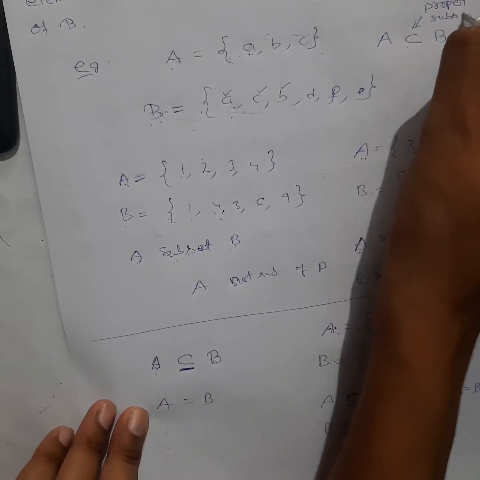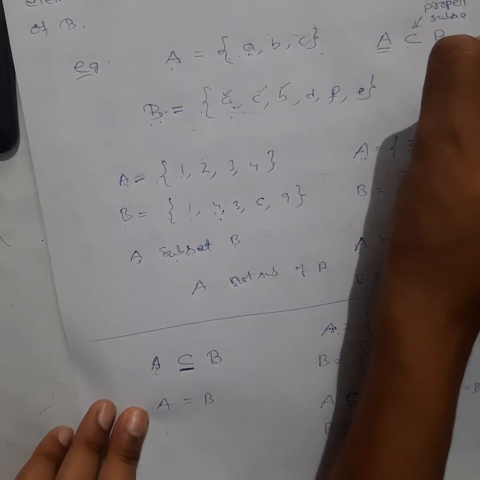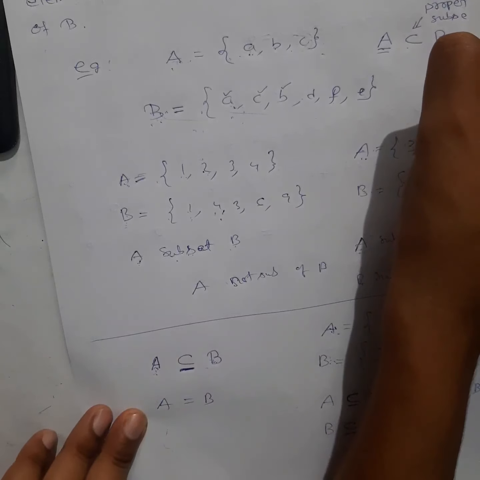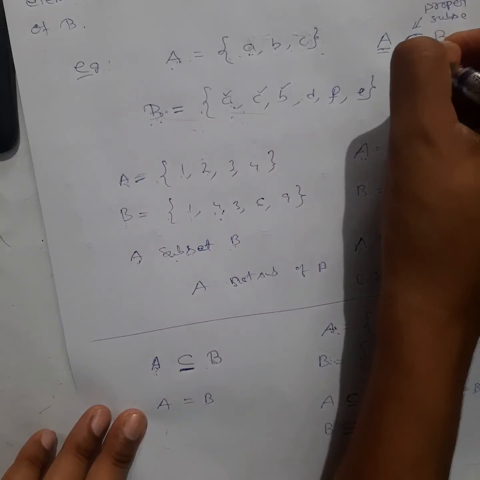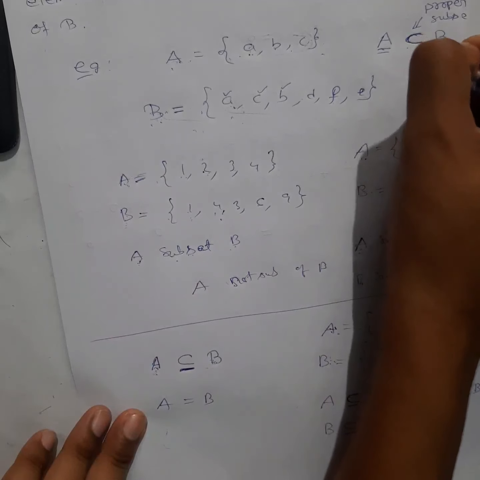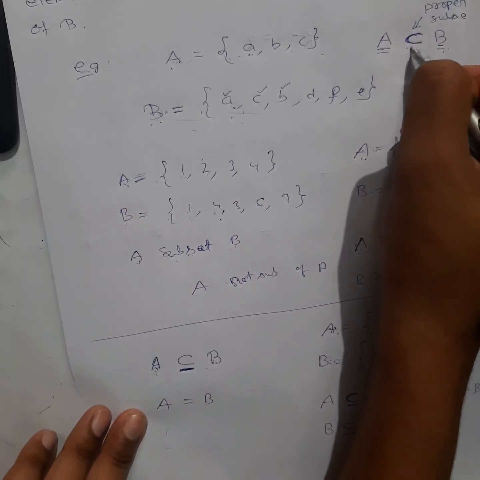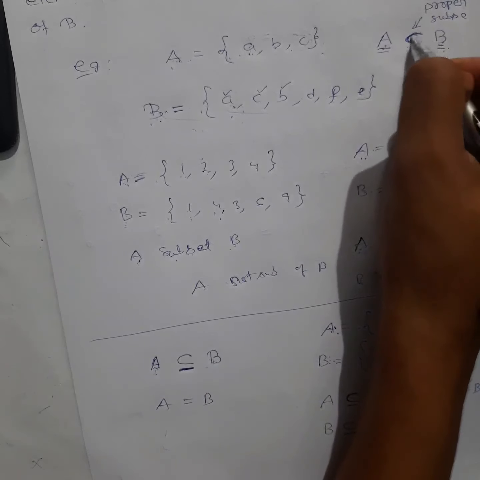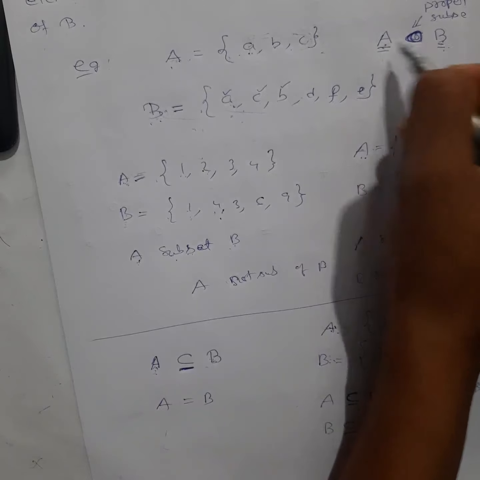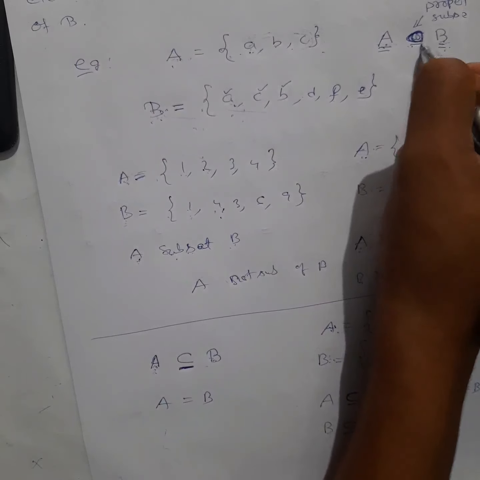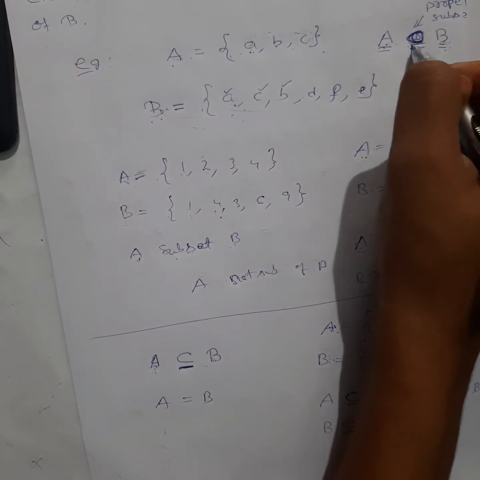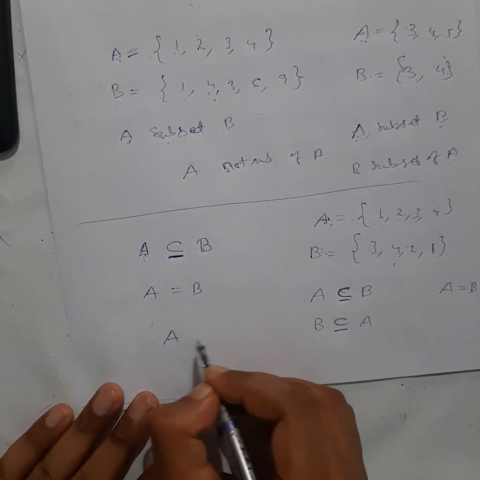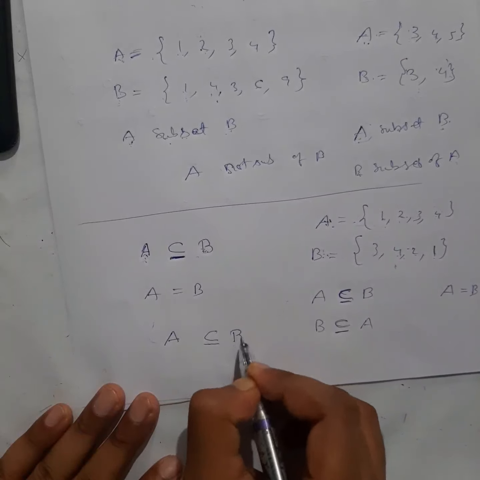Proper subset means it's clear that this will have fewer elements, but all the elements of this one will be there in this set. Only this symbol, when I don't put the equal sign, confirms that this will have fewer elements. If you are confirmed that they have the same elements, we use the other symbol, right? That's why when we write in general form, we write A is a subset of B.